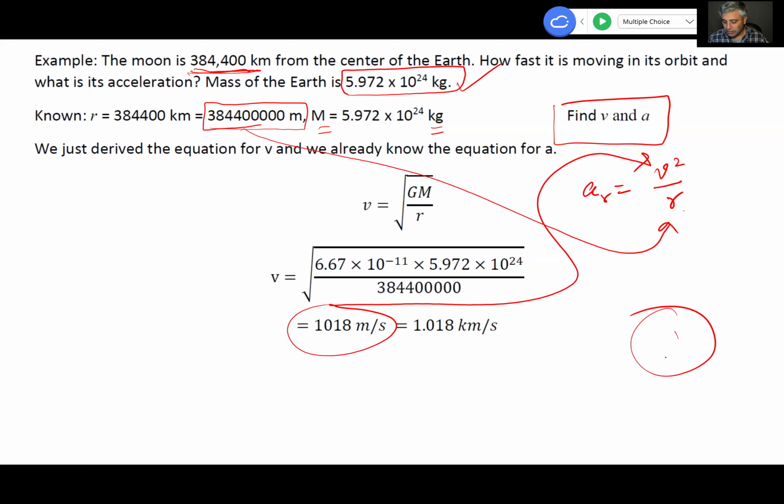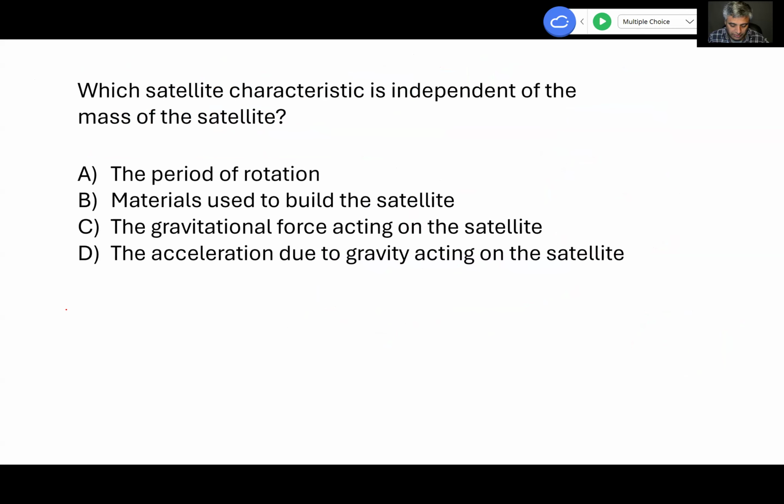So if Earth is there and the Moon is there, moving something like that, that's the direction of velocity, tangent to that part of the circle at that point. If it is here, then that's the direction of velocity. That's how it works in circular motion. We know that, right? Now, I have another question for you.